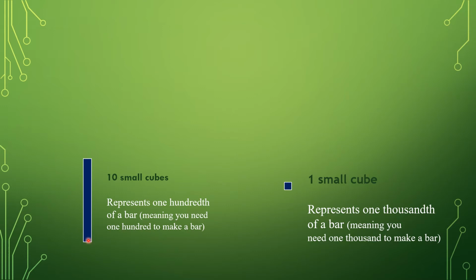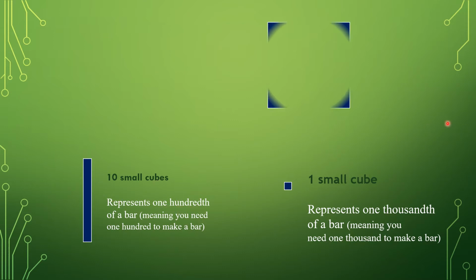I'm saying stick just to make it easier for you to understand, that is why I have named it. This I'll be saying block, this I'll be saying stick. So this stick will consist of 10 small cubes, and they will represent 1/100th of a bar.